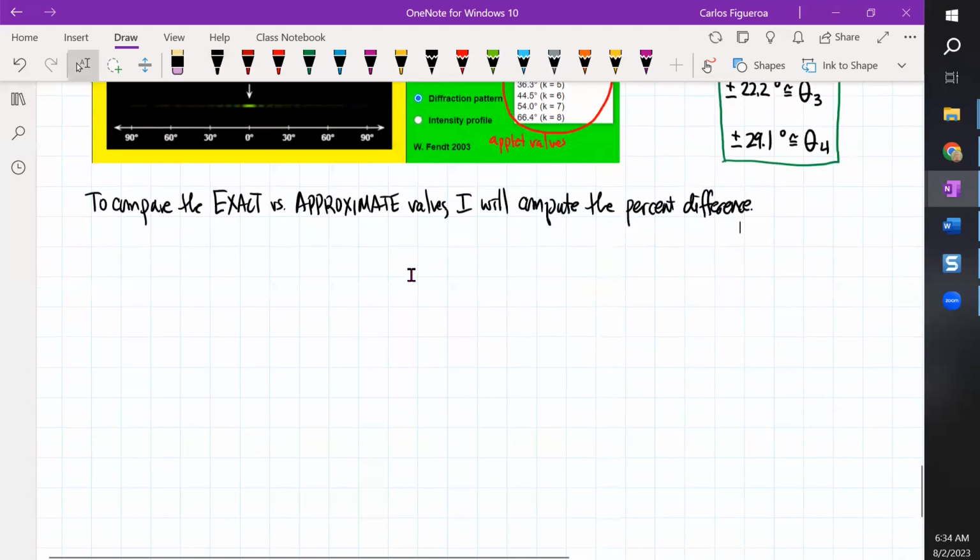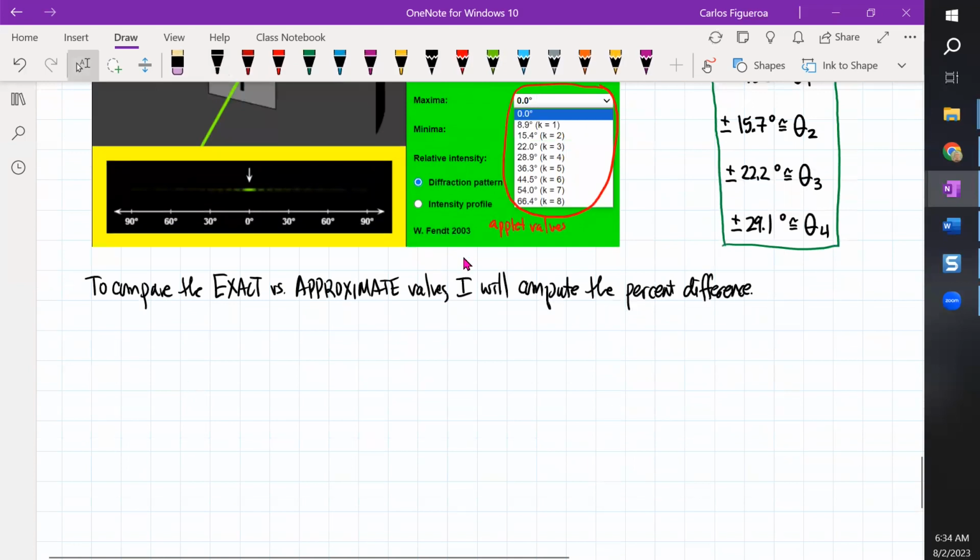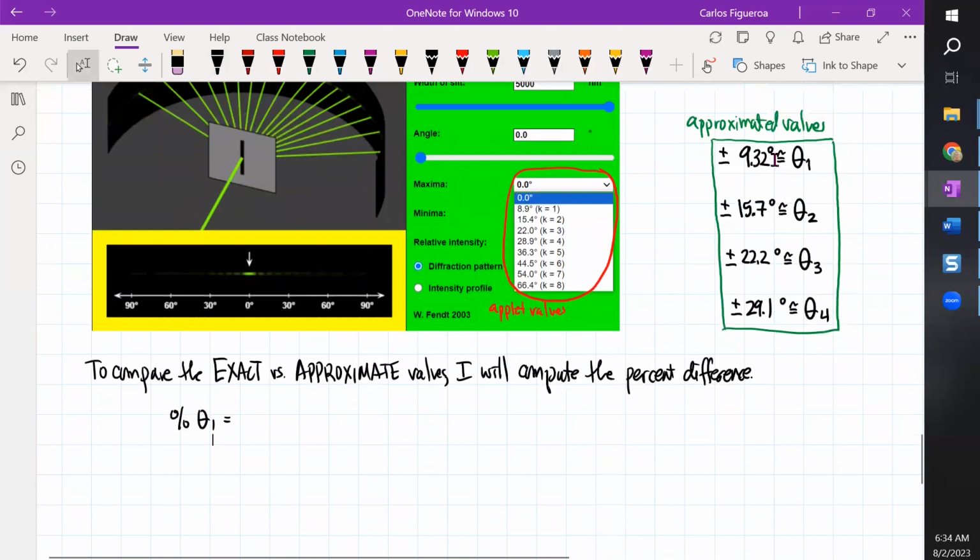So let's go do this. Look at K1, which is the same as N1. If I look at the percent difference of theta 1, the approximate value is 9.32 minus 8.90, but the actual value is 8.90.